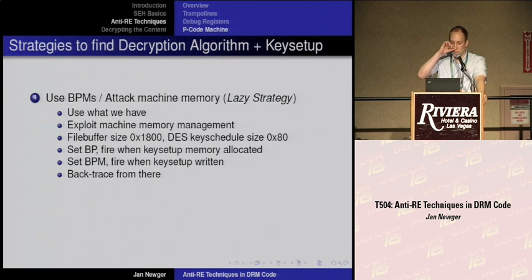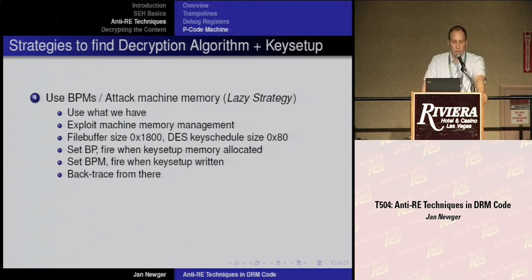Due to our breakpoint on memory access, for example, we might know that it's a DES algorithm. And since the key schedule size of DES is 80 hex, we could just set a conditional breakpoint in the memory allocation routine, which would fire whenever there's an allocation of size 80.